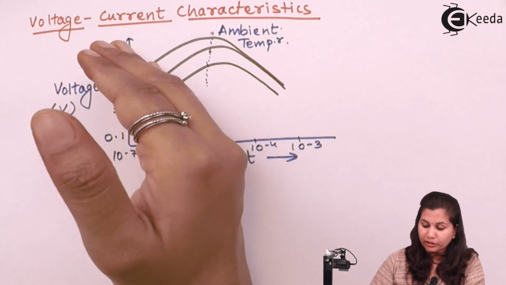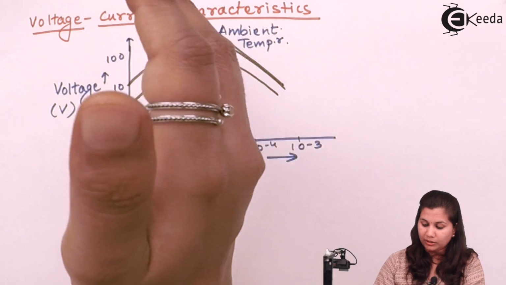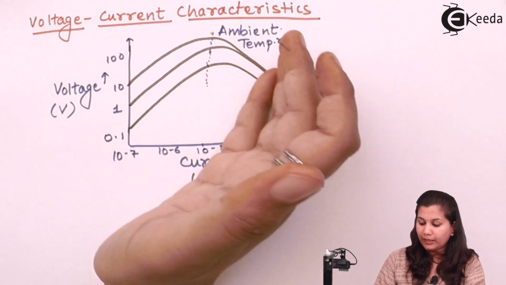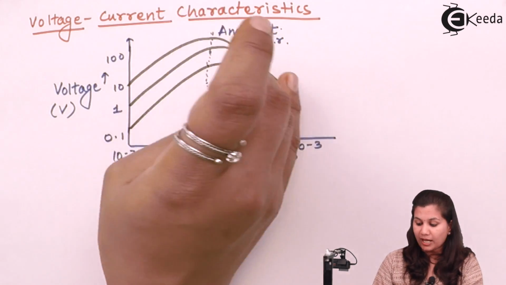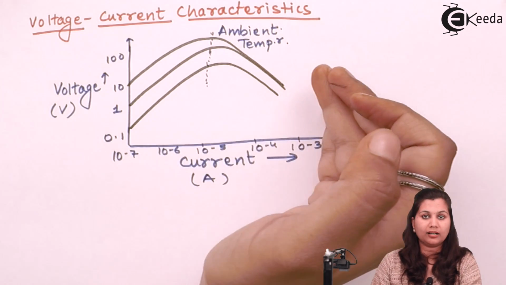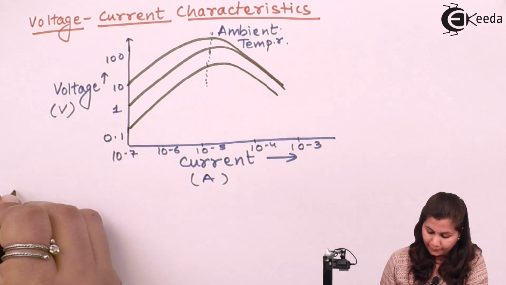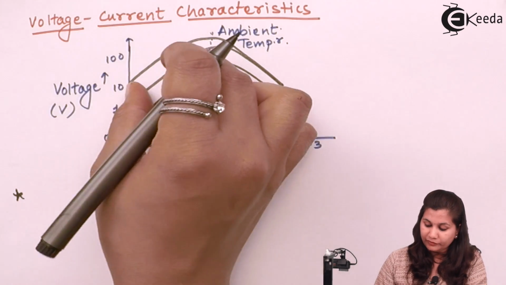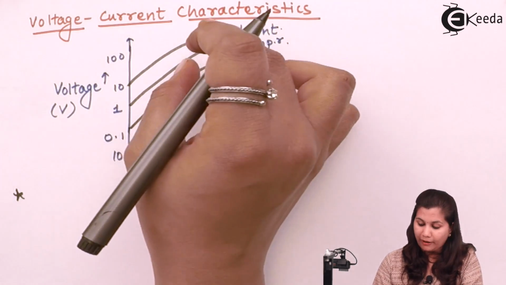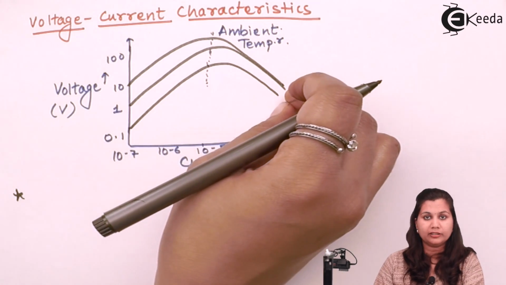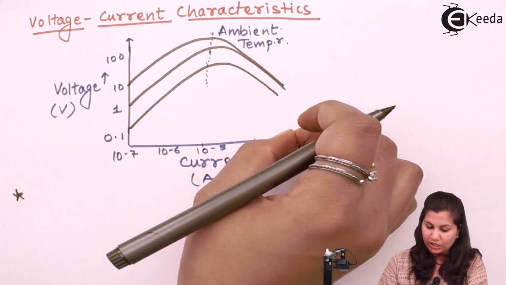But after the peak value is reached, the voltage starts decreasing with the increase in the current. So we can say that earlier we had a linear relationship, after that we have a non-linear relationship between the voltage and current.